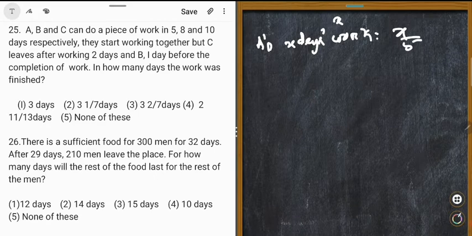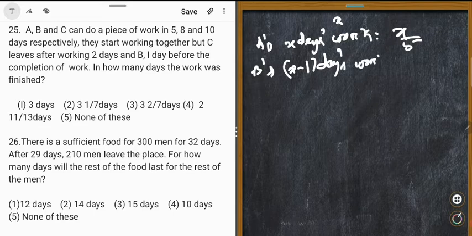Similarly, C leaves after working 2 days, B one day before, that is X minus 1. So B's X minus 1 days work is equal to X minus 1 upon how many? 8.